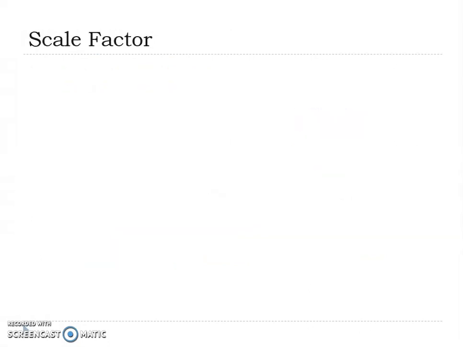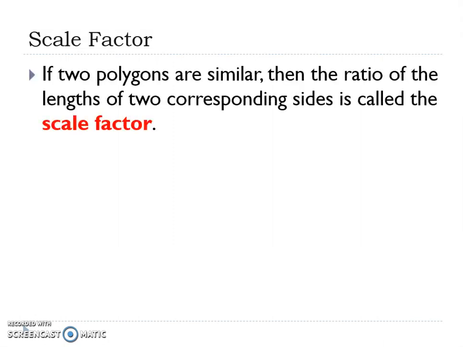Now, next thing we're going to talk about is that similar polygons have a scale factor. If two polygons are similar, then the ratio of the lengths of two corresponding sides is called the scale factor.